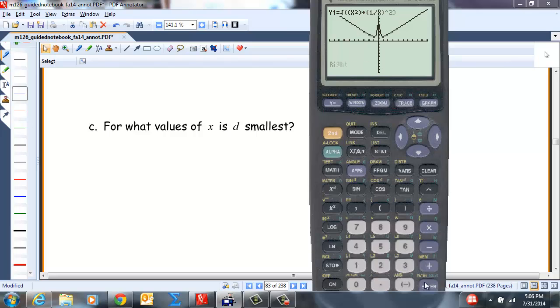Do left bound here, right bound here. So it looks like we've got a minimum distance of 1.4.